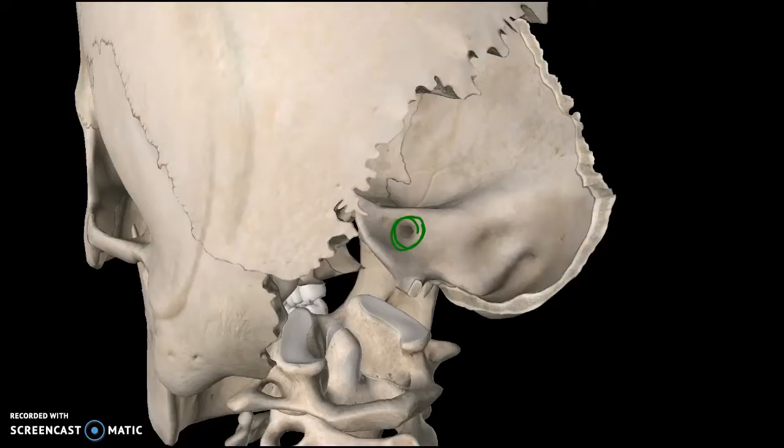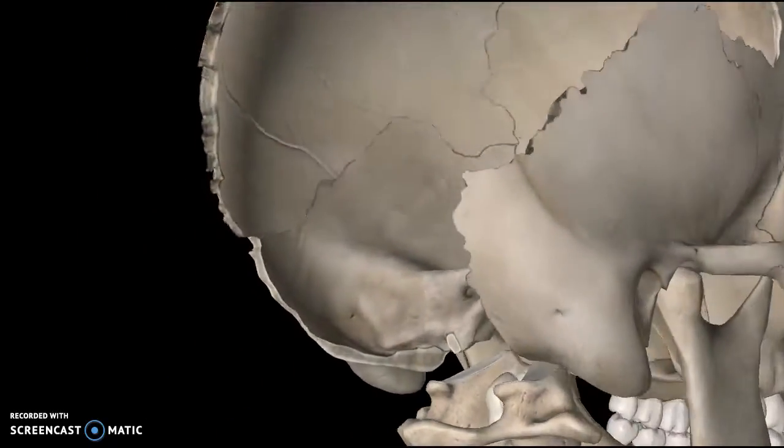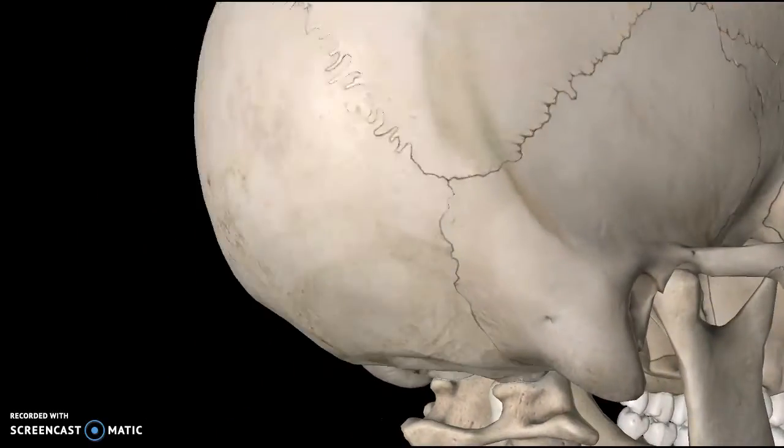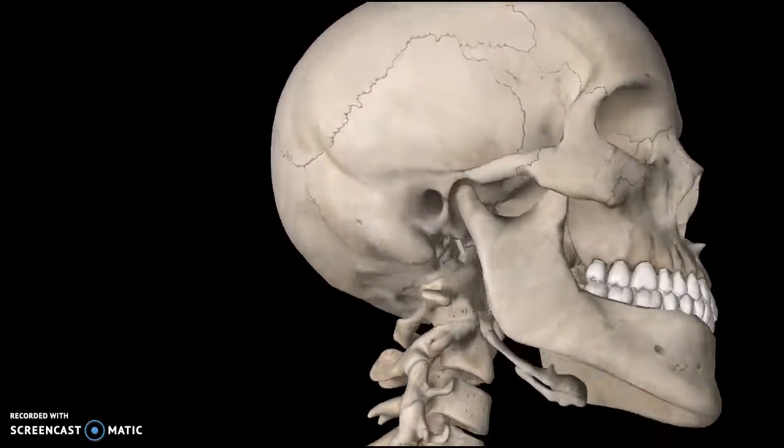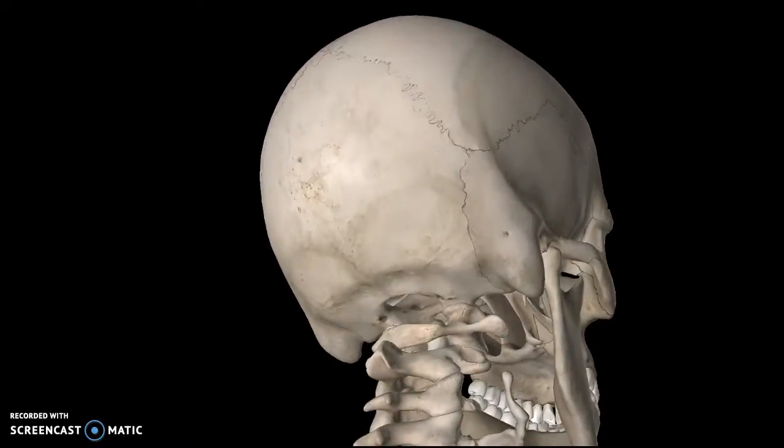Actually, it's known as the internal acoustic foramen, because it's not like the other one. It's just a hole. They don't connect. So that sums it up for the temporal bone. Now we can talk about a few other structures. So let me isolate the skull.